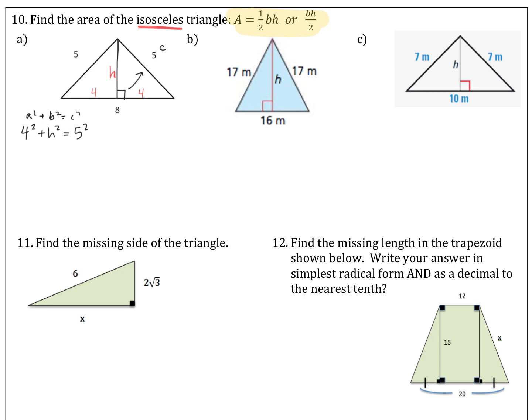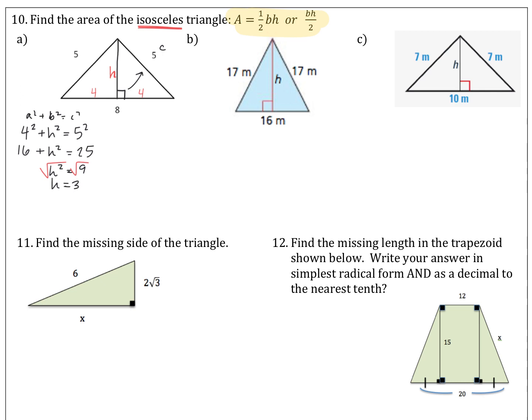You can do it like that and solve. I believe we end up getting 16. And then if you subtract, what is that? 9. Oh my goodness, if I take the square root of 9, what do I get? 3. Okay. So the height is 3.